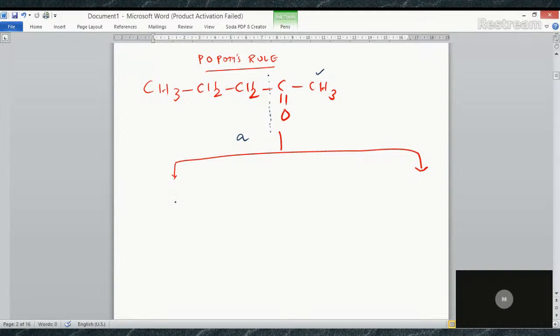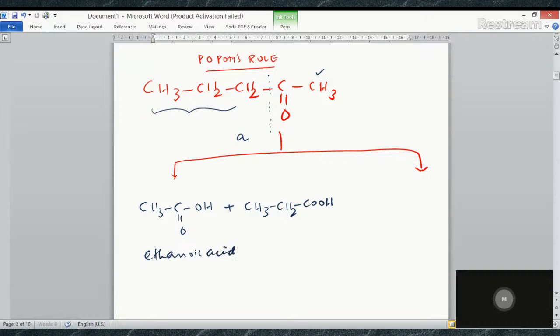So due to that, we can have product number 1, CH3COOH, and the other one, this system contains 3 carbon atoms, so on oxidation we can have a product like this. This acid is called ethanoic acid, and this is the acid called propanoic acid. So these 2 are the products when the cleavage is A-type.